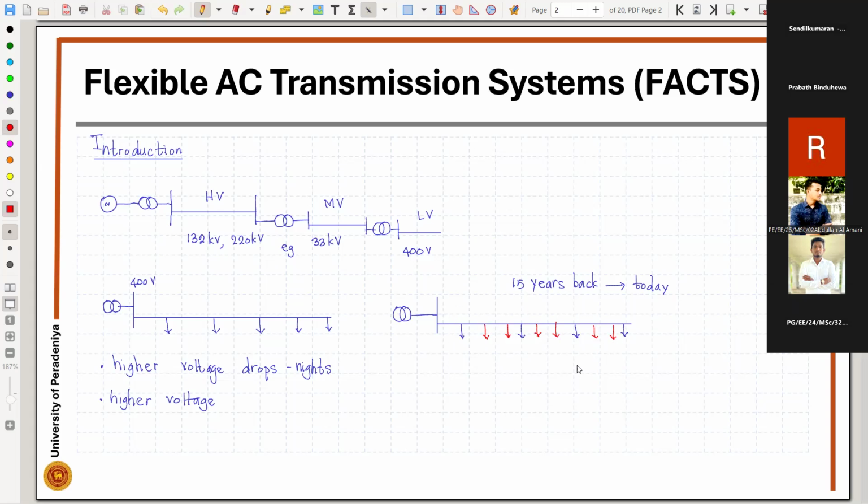Now, what is the problem of an increase in the number of consumers in a distribution feeder? 2610, Ishan, what could be the problems when you see growth in the customer base? Voltage drops in connections. Because you are seeing higher customers, the power consumption increases, so voltage drops are going to increase.